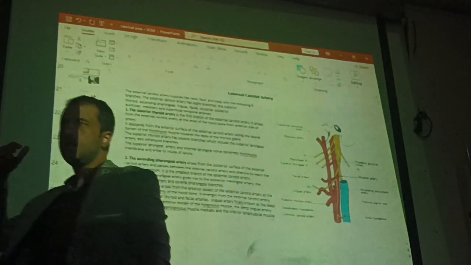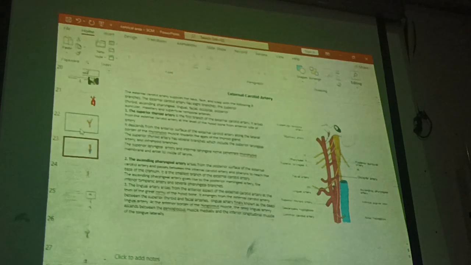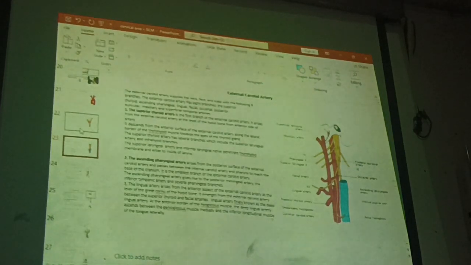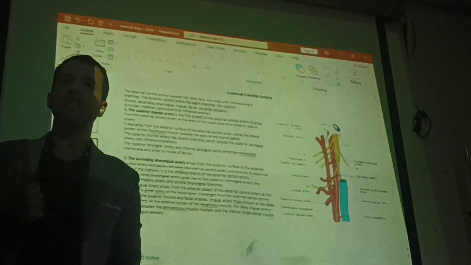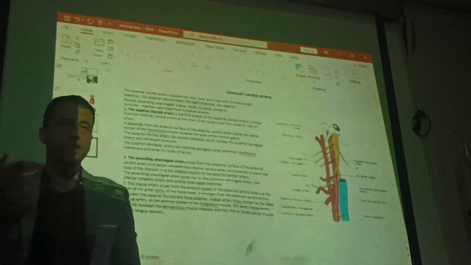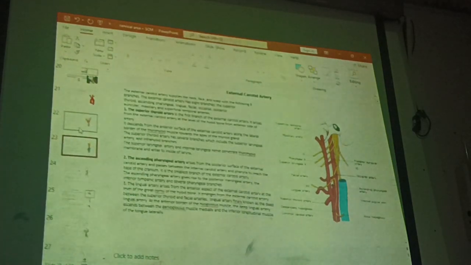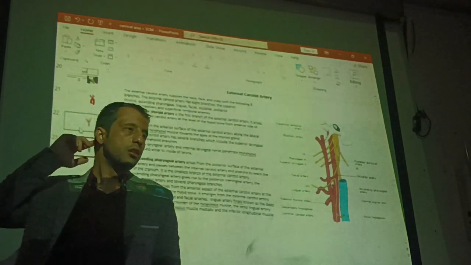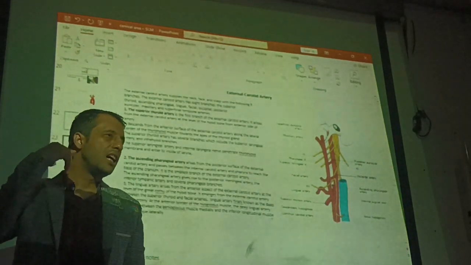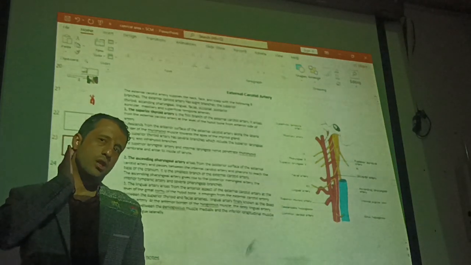I say that it is separated superior to the hyoid bone, at the posterior surface of the external carotid artery, and it comes up to supply the auricle and the posterior area of the auricle.